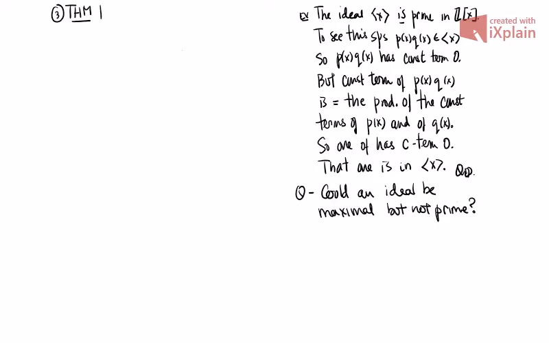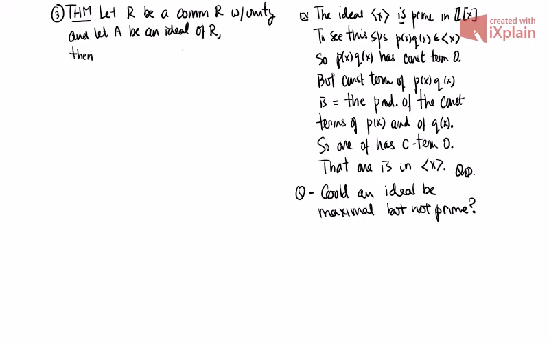So in this case, we'll say let R be a commutative ring with unity, and let A be an ideal of R. Then R mod A is an integral domain if and only if A is a prime ideal of R.